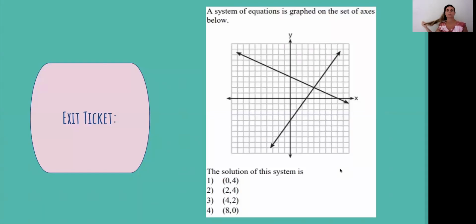My goal is for the students to be able to identify the solution of a system of equations, so my exit ticket should measure that, right? This is just a very quick, yes or no, multiple choice, pick the answer. If the students get it right, I know that they understand how to identify visually on a graph the solution to systems of equations. So that's just my little teacher input there.